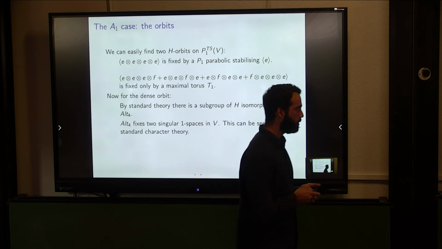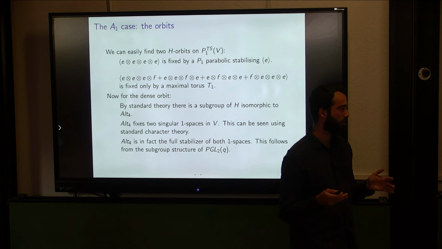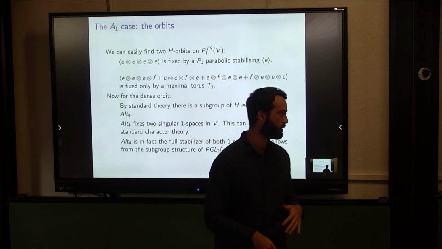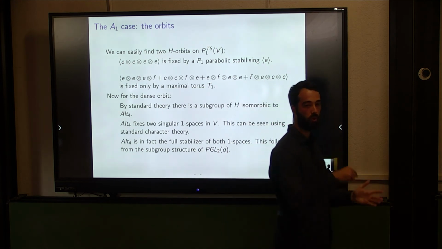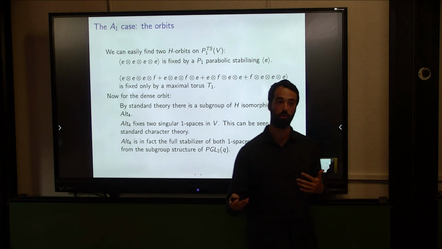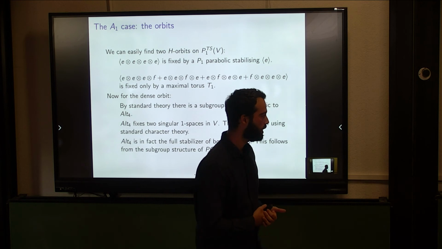Again, this is not difficult. And in fact, you can show that this is the full stabilizer. You just look at the subgroup structure of PGL_2(q), you see what the possible overgroups of Alt4 are, and you observe that they cannot possibly fix these 1-spaces.